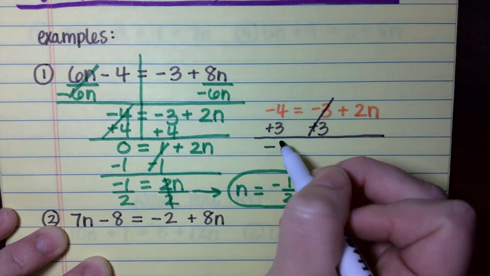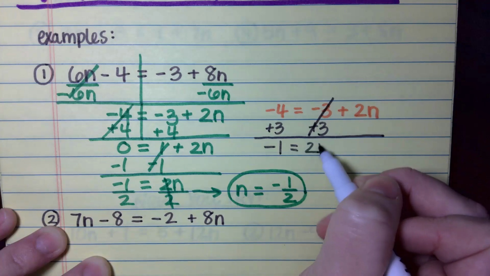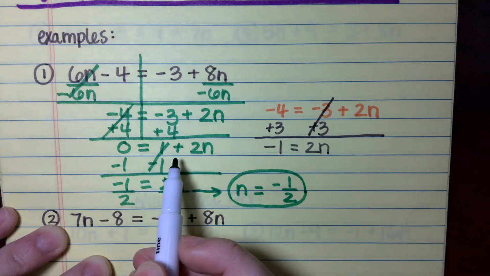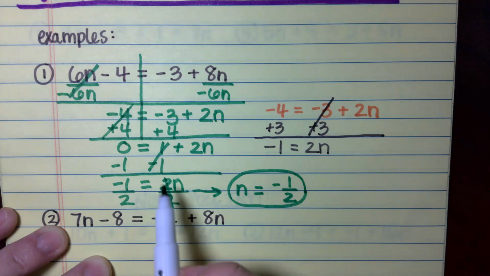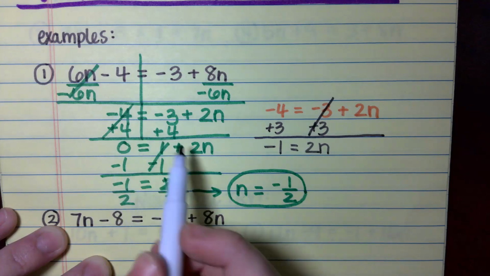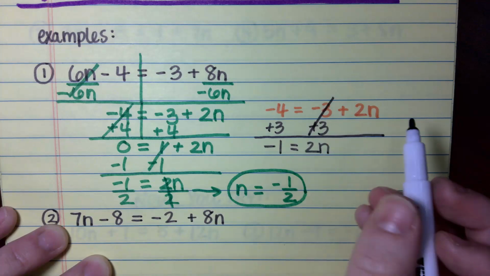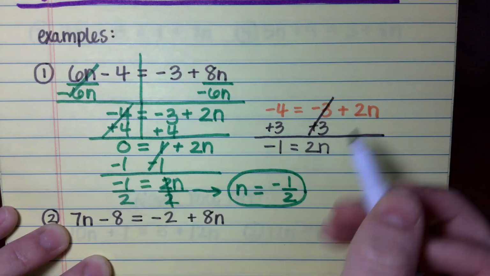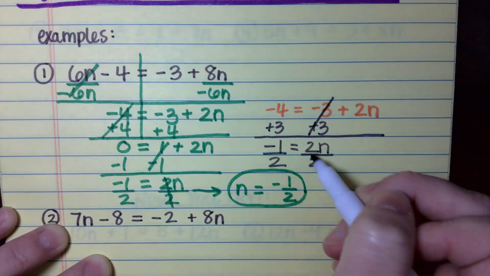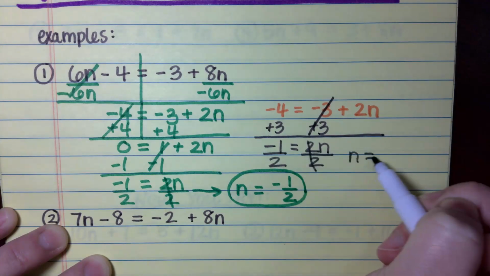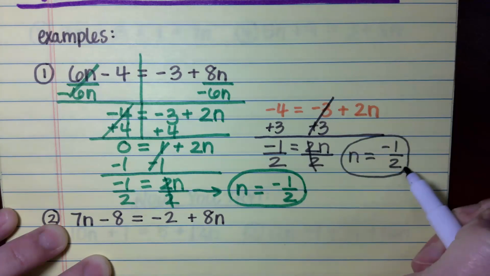Negative 1 equals 2n. And look, we got the same thing as we had here. Negative 1 equals 2n. We just skipped this step. So now we can do exactly what we did before. We would divide by 2 on both sides, and we'd get n equals negative 1/2, or negative 0.5.